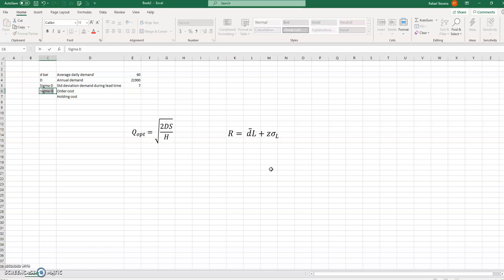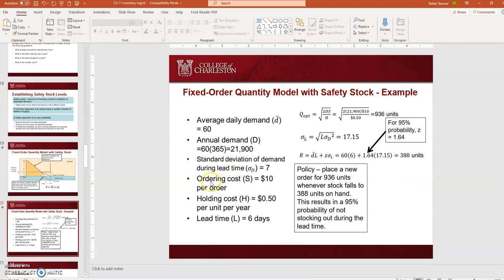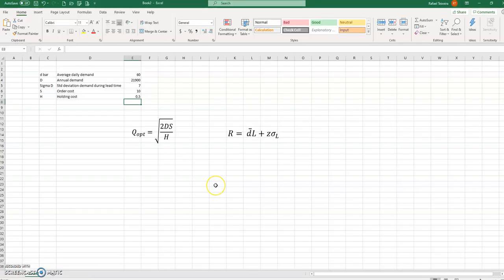So the order cost is also called S, and the order cost is 10. The holding cost is 50 cents per unit per year. That's H. And we have some additional pieces of information like the lead time. So the lead time, our L, is 6 days. So this is how long it takes for the suppliers to deliver the product.